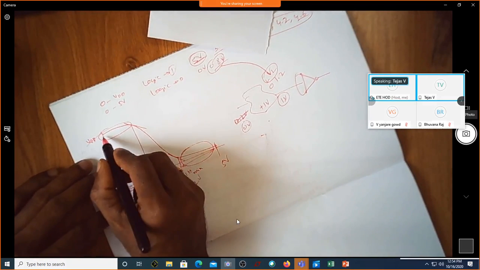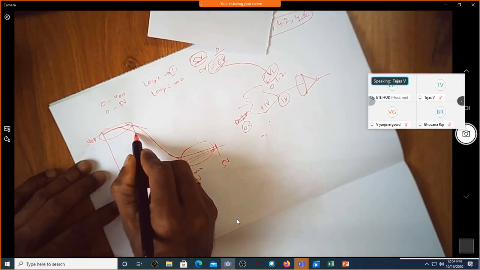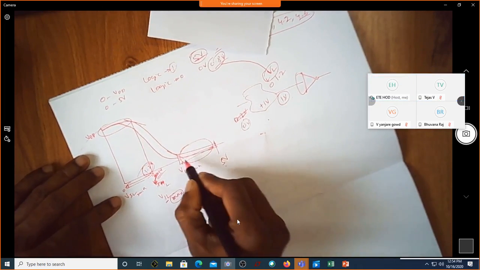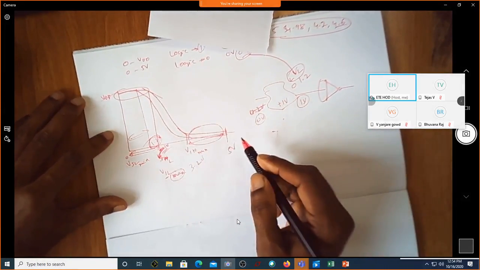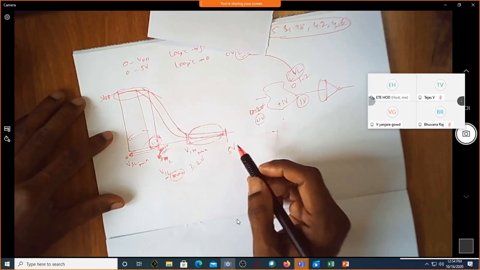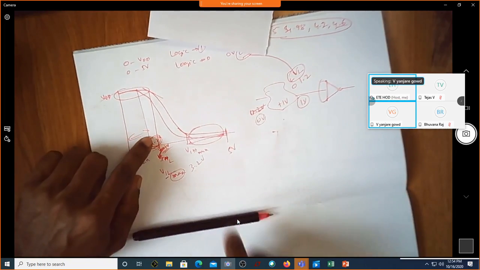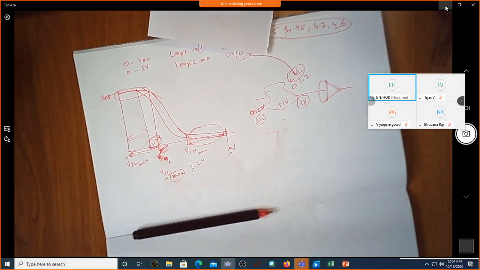What I mean to say is, has this come down like this now? Can you see this margin has reduced now? Am I correct? So this margin has reduced because NMOS has become weaker. Sorry, PMOS has become weaker. Am I correct?